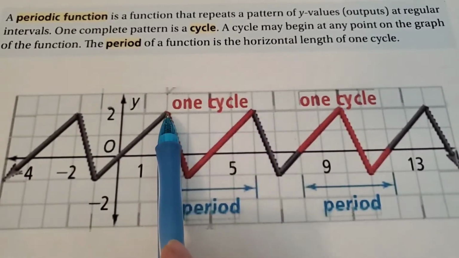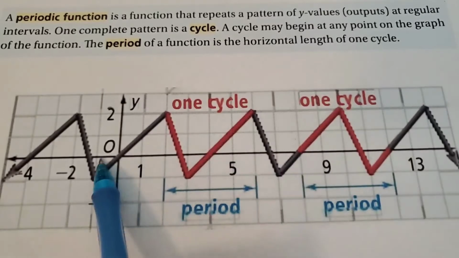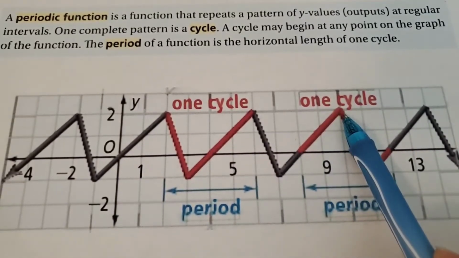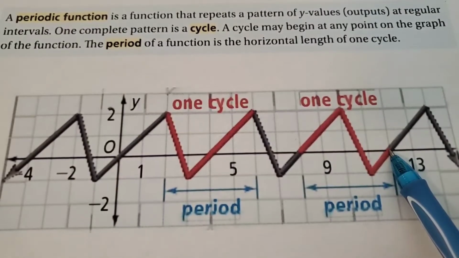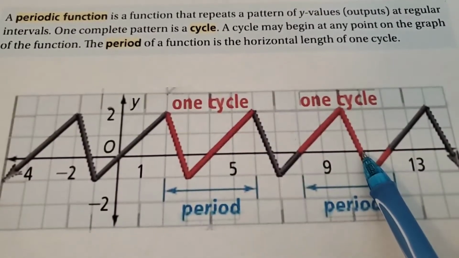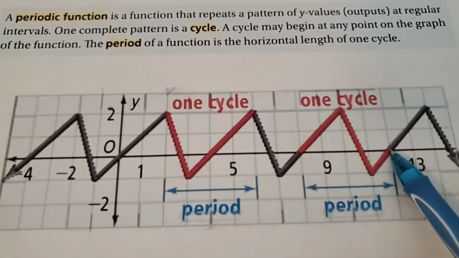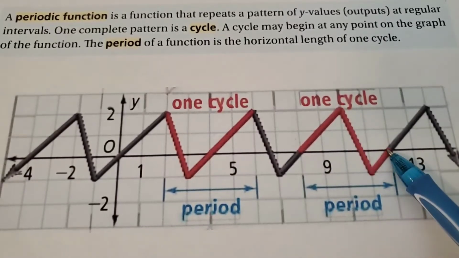But we didn't have to start at a maximum. Here we started at a 0 where the function actually has a y value of 0. And it went up, increased, decreased down to the minimum, and back to 0. Notice it hit 0 here as well, but that's not the end of the cycle because we have more of the pattern to complete. So here would also be one cycle.